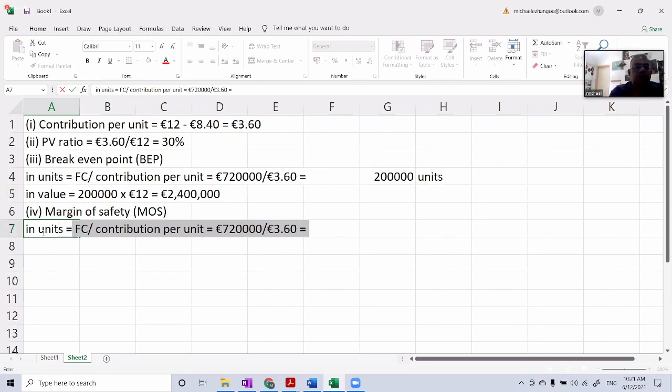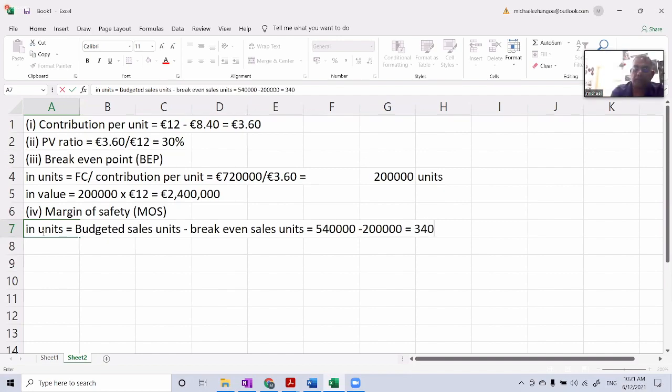In units will be budgeted sales units minus break-even sales units. Okay, 540,000 minus 200,000, so that would be 340,000 units.